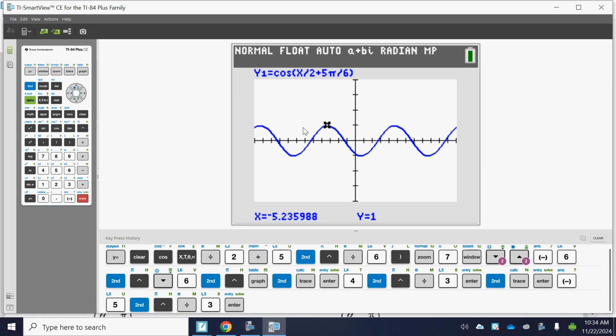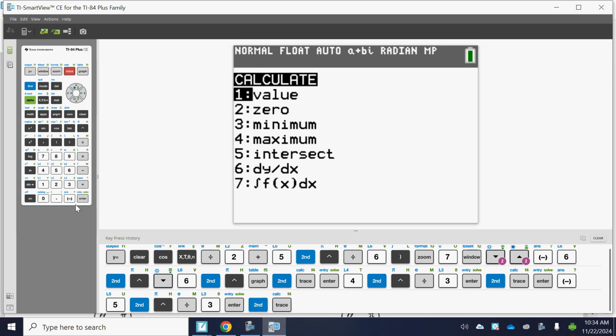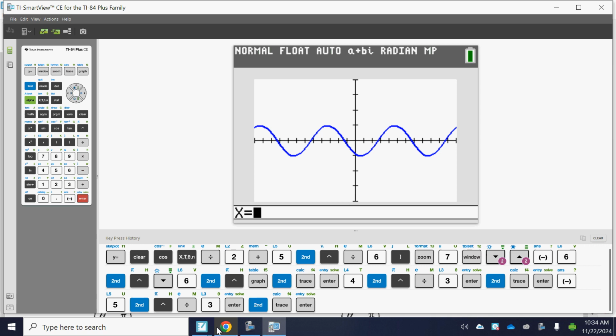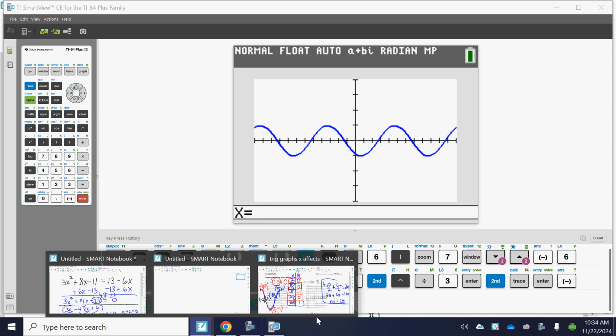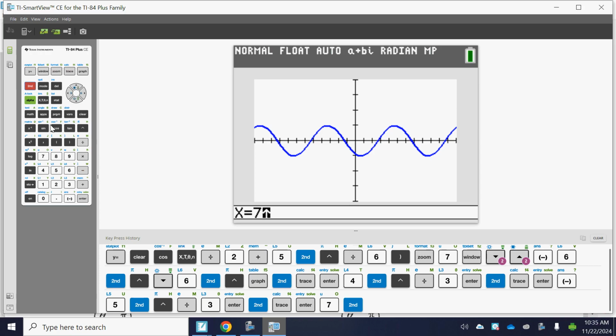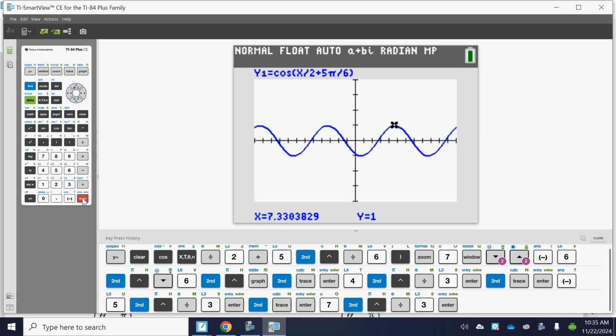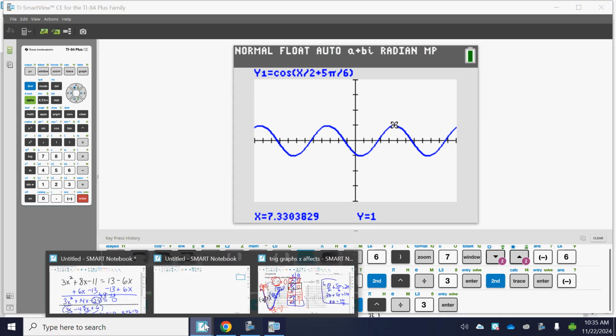What if I plug in the last ordered pair? What was it? I forgot. 7 pi over 3. Was it 7 pi over 3? Where do you think I'll be? Top of the mark, huh? And what does this graph do? It keeps waving on and on.